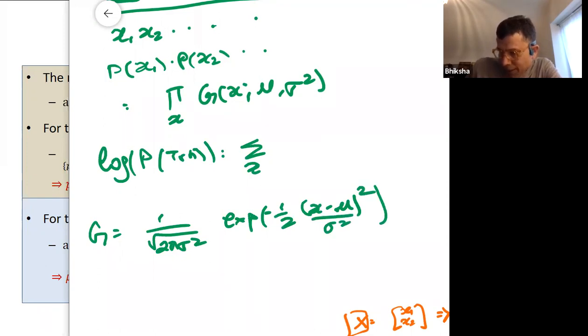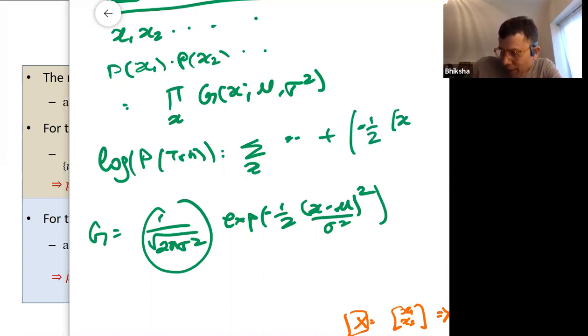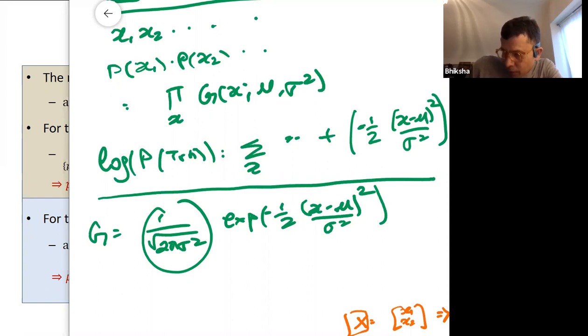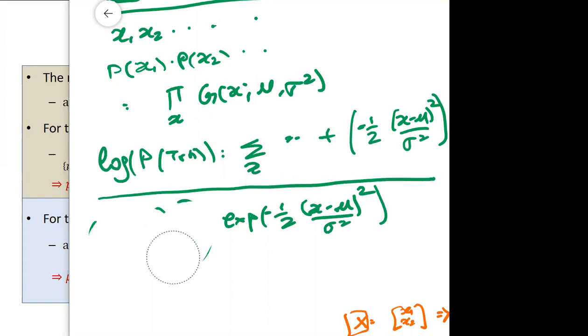I'm assuming it's a scalar. If I take the log of this, I get the log of this term. I'm focusing on the mean, plus minus half of x minus mean whole squared by sigma squared. So you with me here so far? Okay, let me erase this.